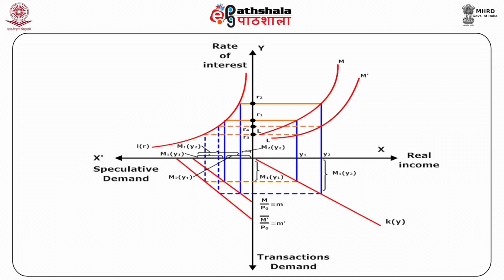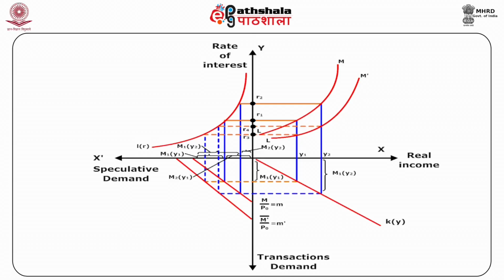Under equilibrium, this should be equal to small m, which is the demand for real cash balances. So, the downward sloping triangular line in the third quadrant tells us about equilibrium in the money market or the asset market.